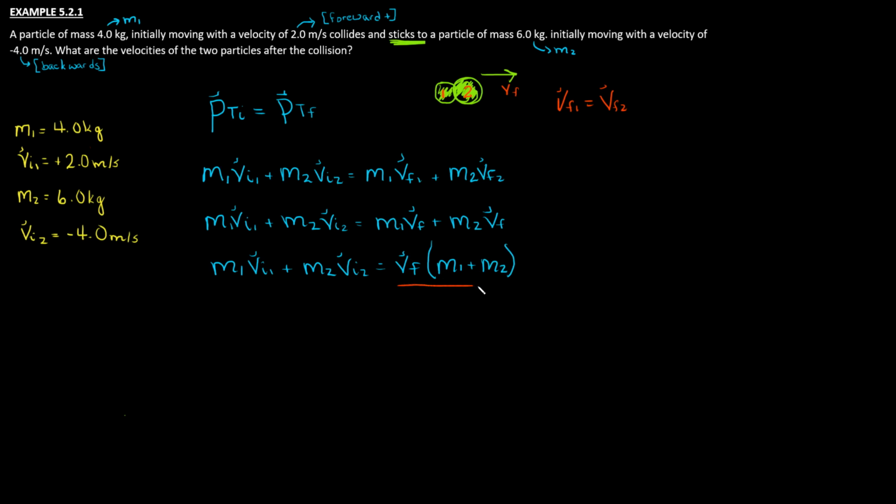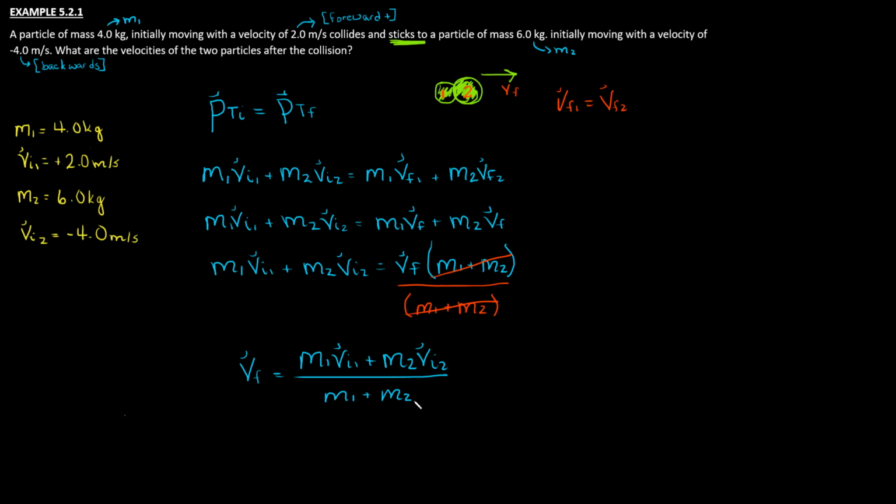So in order to do that, I'm going to divide out this combined mass of m1 plus m2. And then I'm going to have to do the same thing to the other side of my equation. So really, I get that the final velocity of these objects is equal to that combined initial momentum divided by that total mass of your two objects combined.